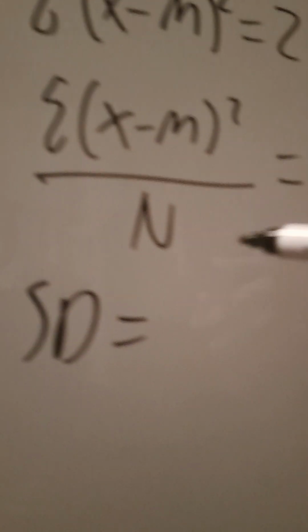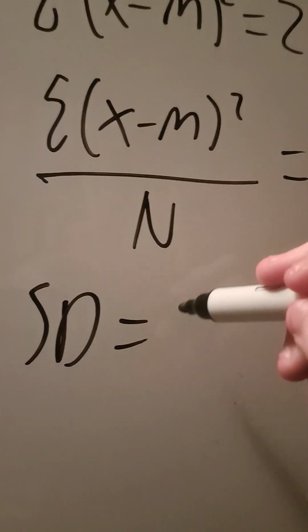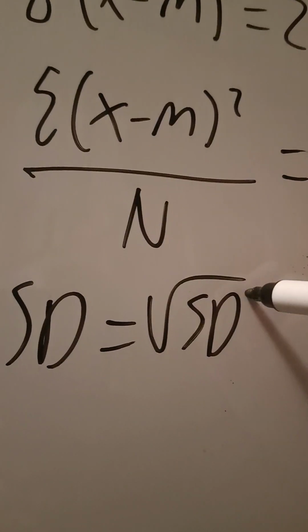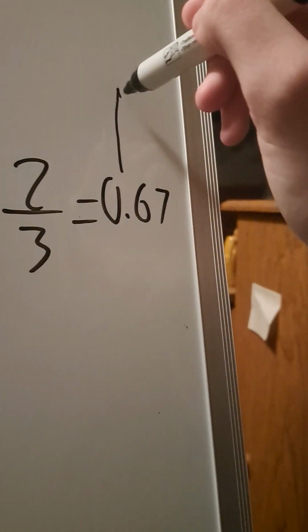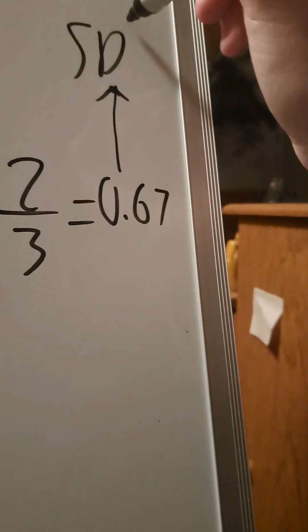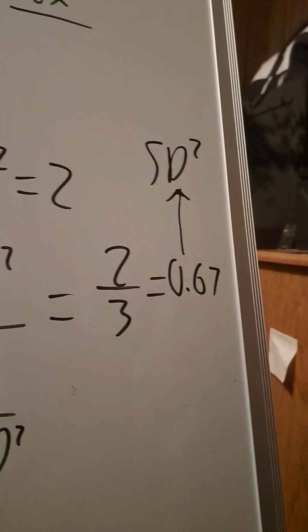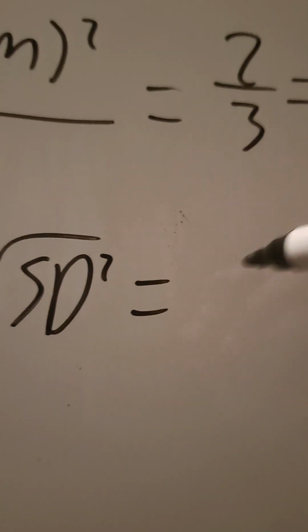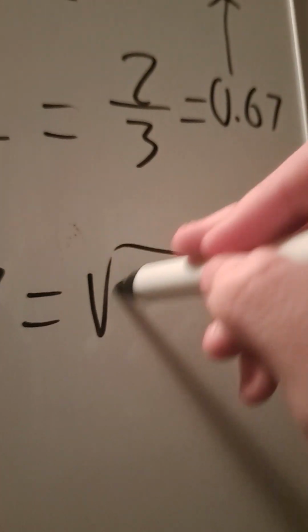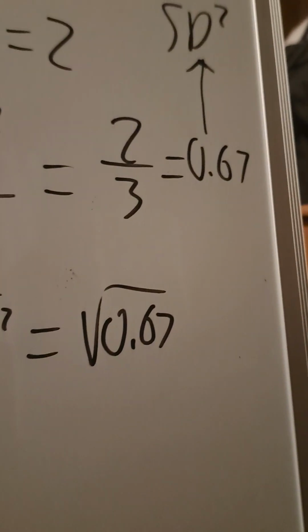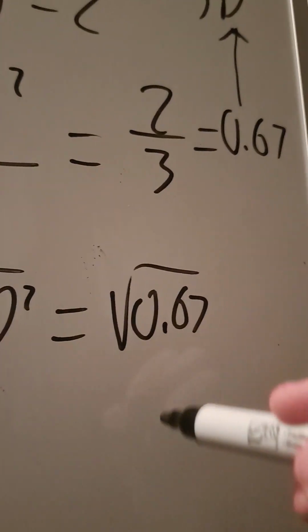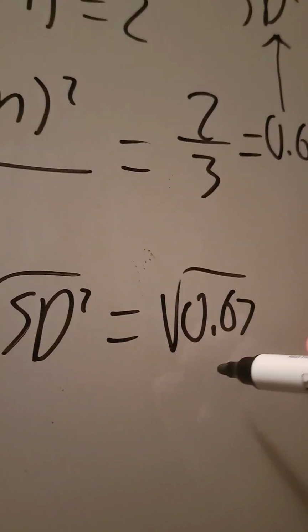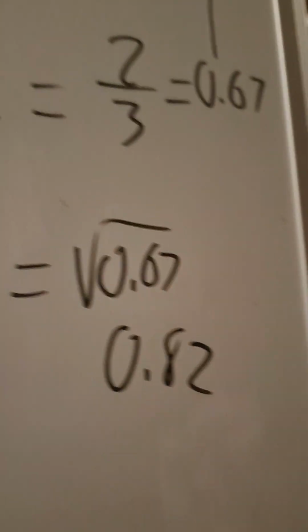All right, then to find our standard deviation is just the square root of the variance. All right, so remember, variance can also be represented by SD squared. This means variance. So in order to find our standard deviation, we're going to take this value that we just calculated, 0.67, and we're going to square root it. And what we're going to get as our answer, 0.82.